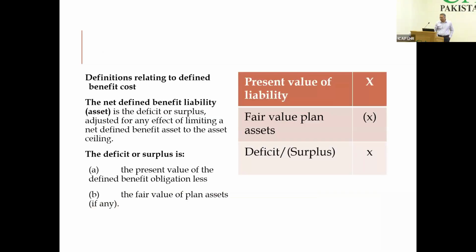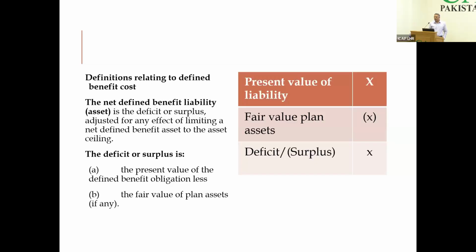This is basically the offsetting which we were talking about. The present value of liability will be offset with the fair value of plan asset, and the difference will be a deficit or surplus. If it's a deficit, then there will be no issue. But if it's a surplus, then it will be a problem, because this surplus may not be available to the creditors of the employer.